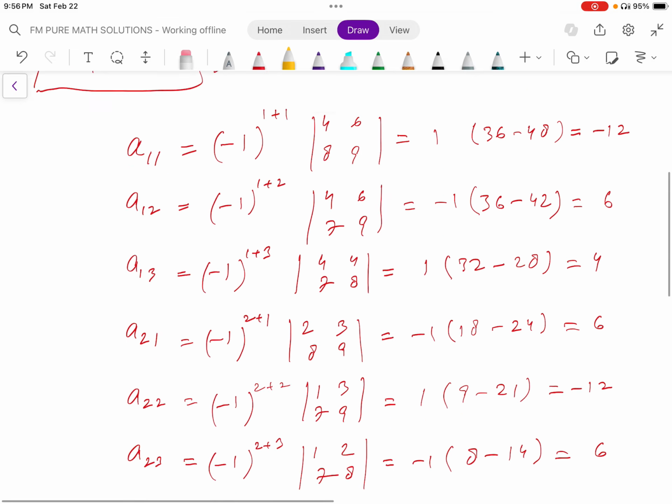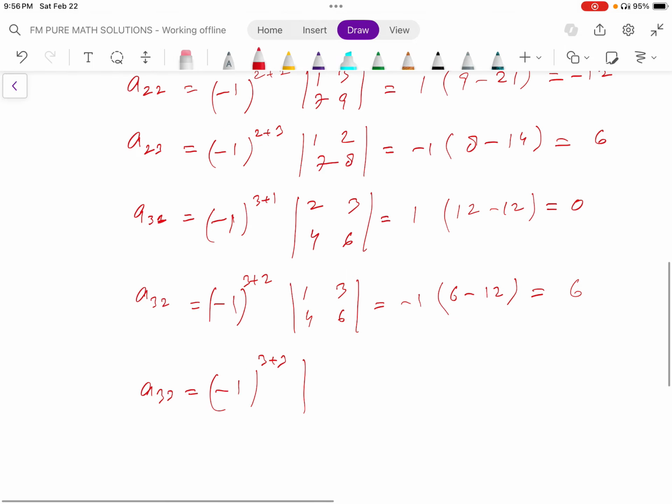So 1, 2, 4, 4. So this is plus 1 times 4 minus 8, which is going to be minus 4 here.